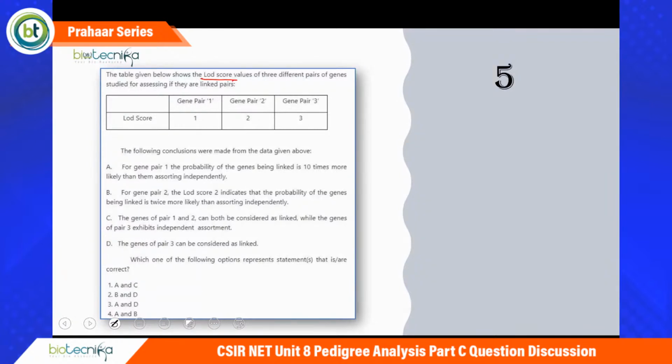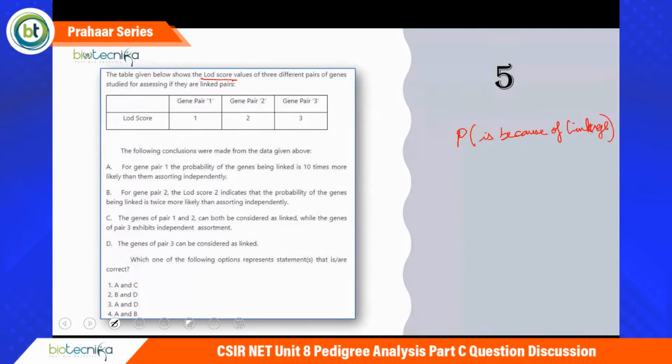So LOD score helps us determine whether the inheritance pattern is because of linkage or because of independent assortment. To calculate the LOD score, we find the ratio of the probability that the inheritance pattern is because of linkage.